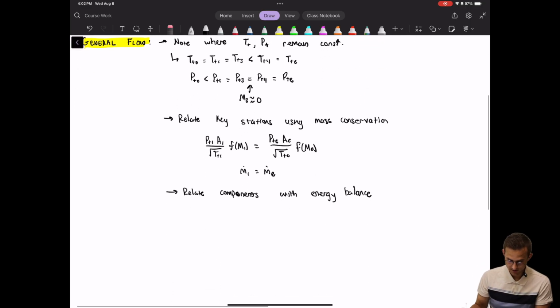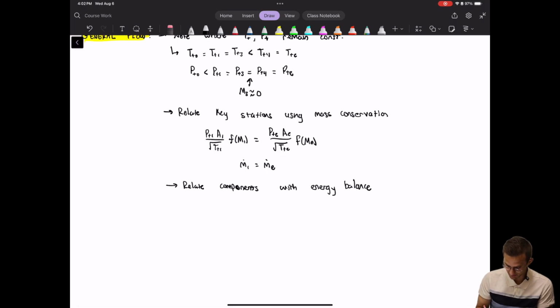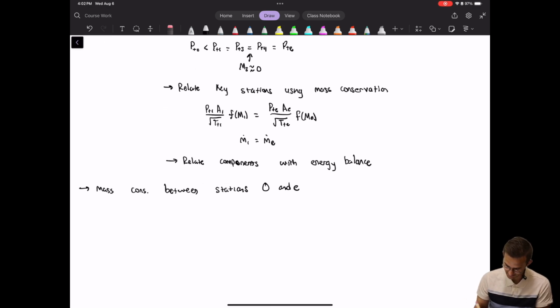So the first thing that we're going to do for the problem is to use mass conservation between station 0 and E.